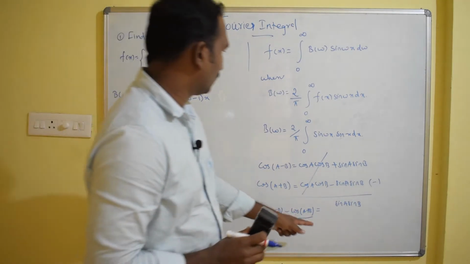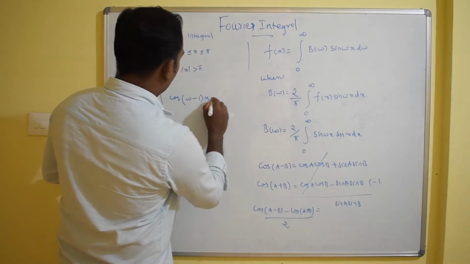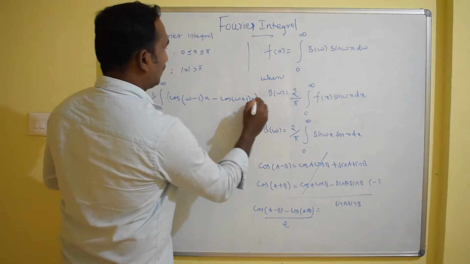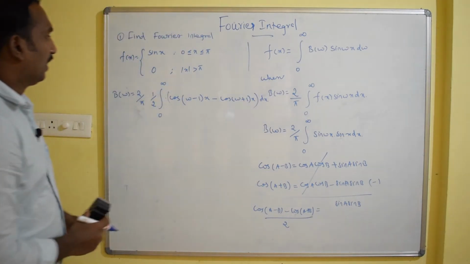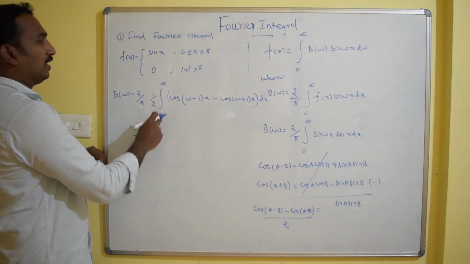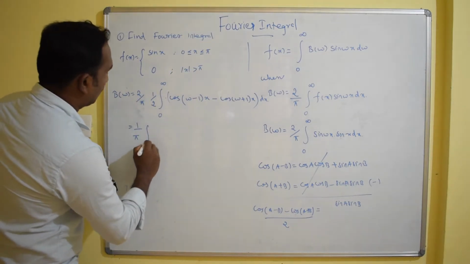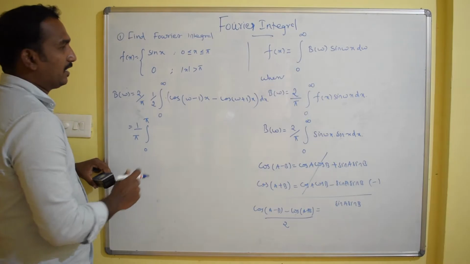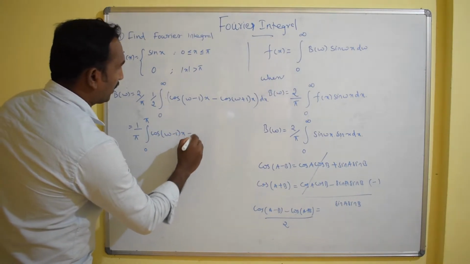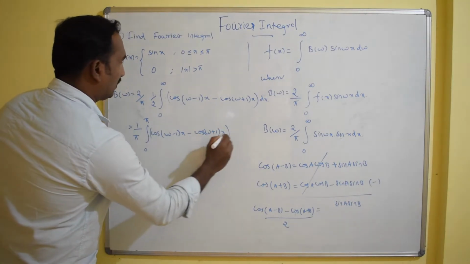And then the next one: minus cos of omega plus 1 into x, into dx. Then the 2 will get cancelled, you have 1 by pi, and the limit varies from 0 to pi, so directly substitute 0 to pi. Then this will become cos of omega minus 1 x minus cos of omega plus 1 x into dx.